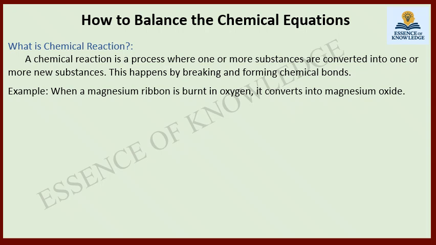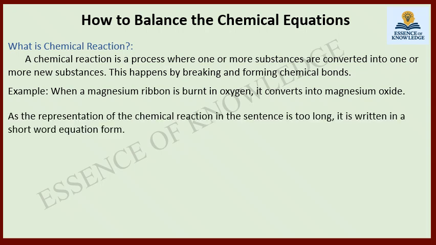An example of this chemical reaction we can write in words: when a magnesium ribbon is burnt in oxygen, it converts into magnesium oxide. As the representation of this chemical reaction in a sentence is too long, it is written in a short word equation form.